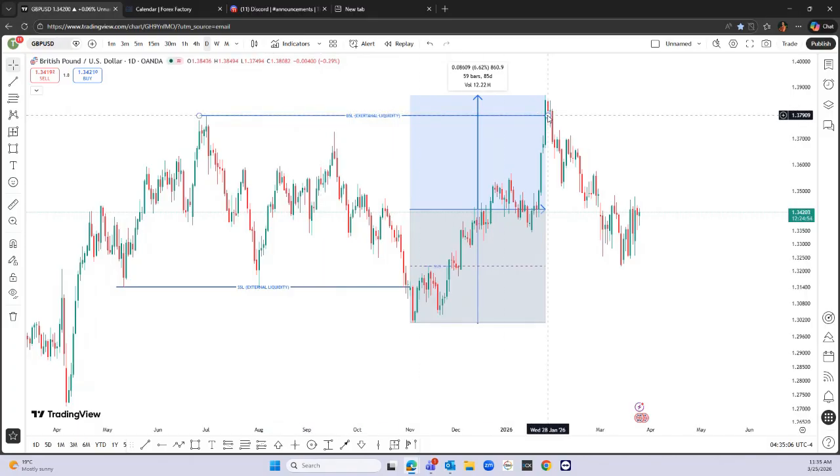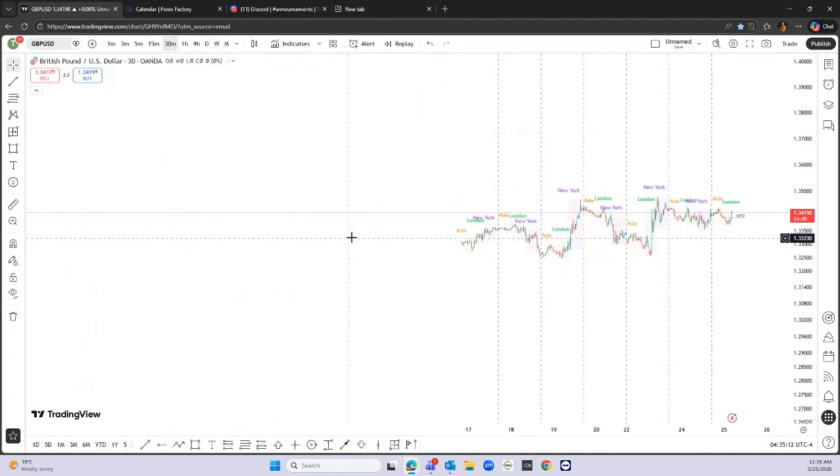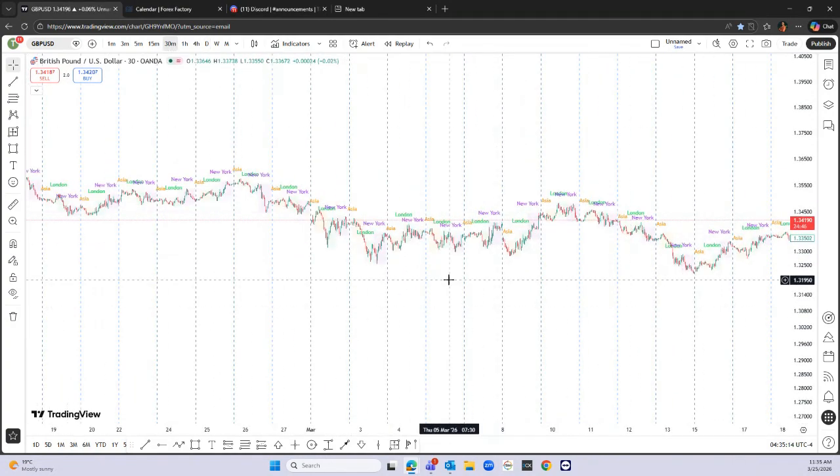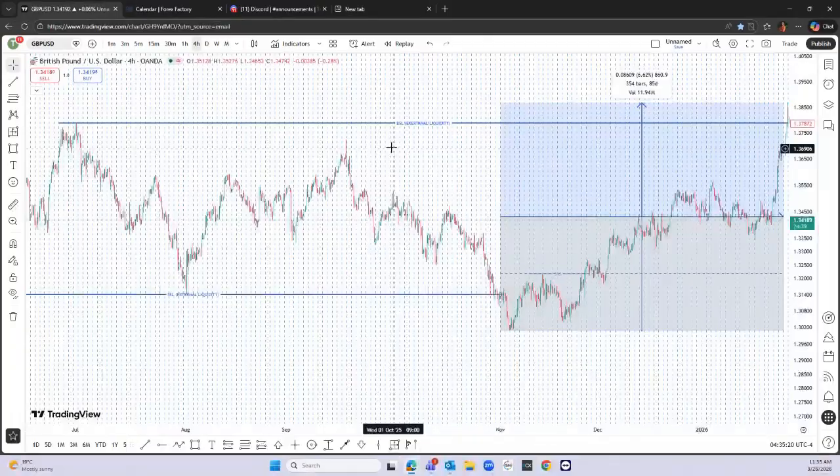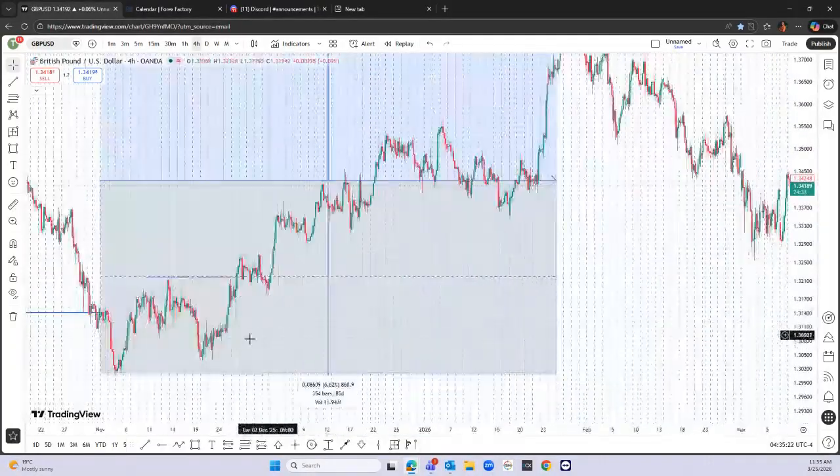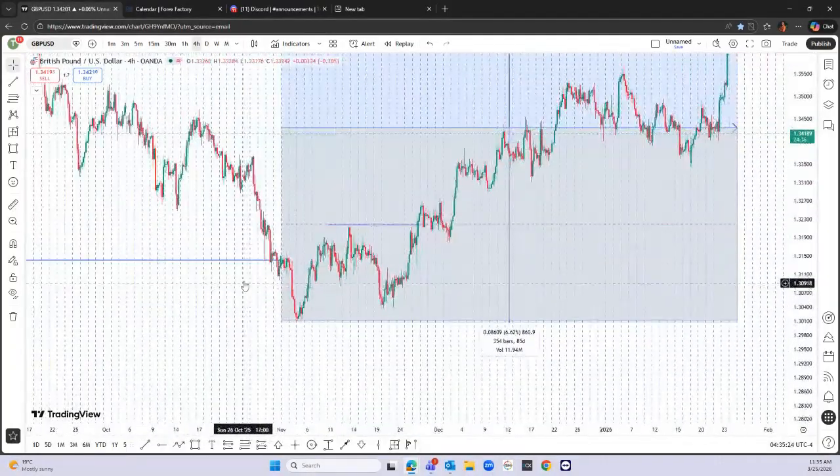That's where our target is. Then you go to the lower time frame. Let's jump to the 30 minutes time frame. But before we jump to the 30 minutes time frame, I can utilize the 4-hour chart to mark my zones.